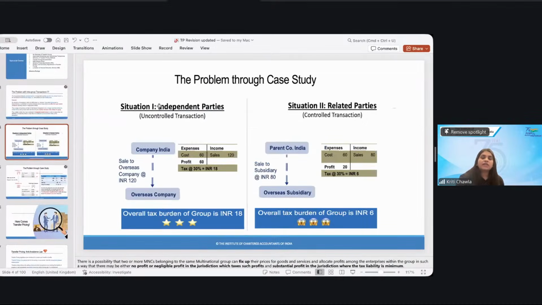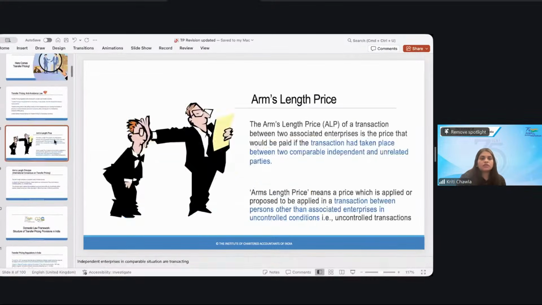So situation 1, between independent parties, is mentioned as uncontrolled transaction, and situation 2, related parties, is mentioned as controlled transaction right here. So this is what is meant by arm's length price. Arm's length price of a transaction between 2 associated enterprises is the price that would be paid if the transaction had taken place between 2 comparable, independent and unrelated parties.